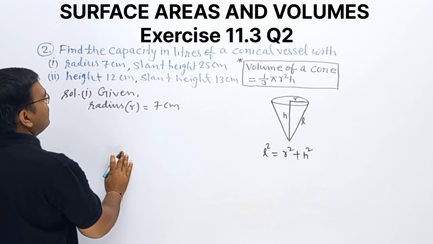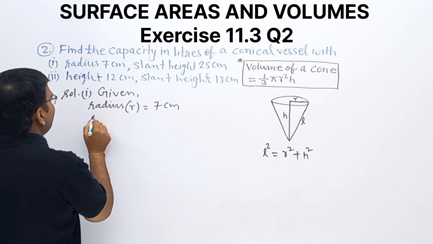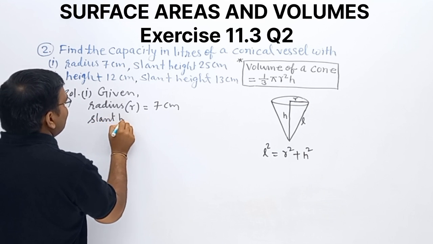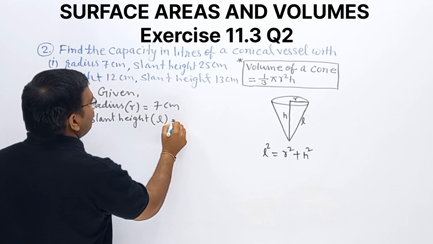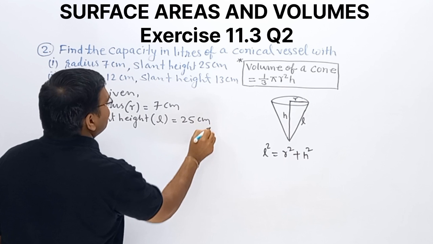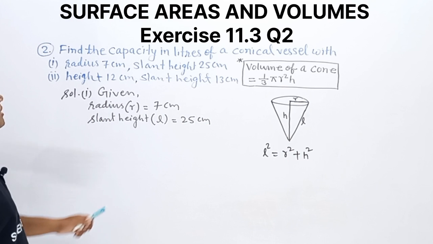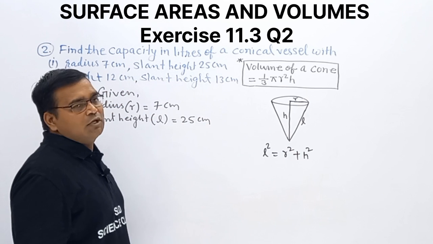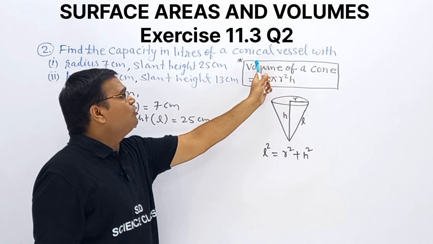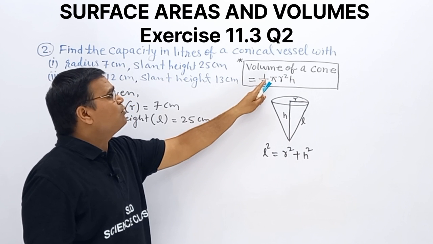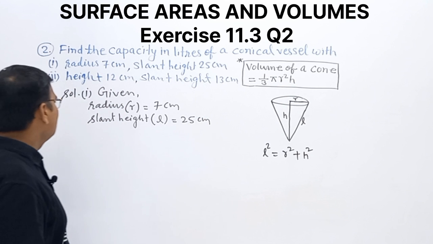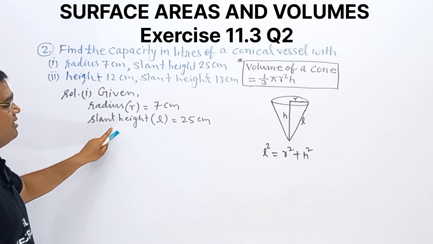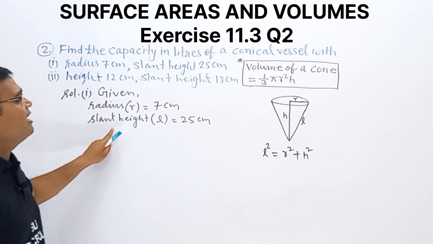Another thing we have is the slant height, denoted by small l, which is 25 centimeter. We want the capacity of a conical vessel. It means the volume of the cone, for which we require 1/3 pi r square h. Radius and height we want, but we have radius and slant height, so we require the height.